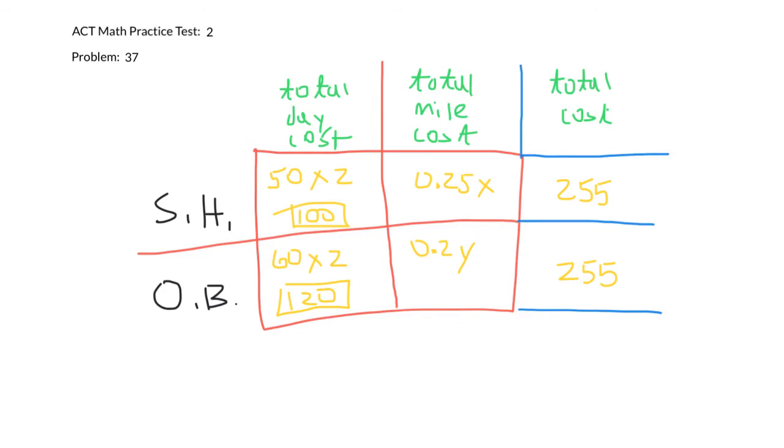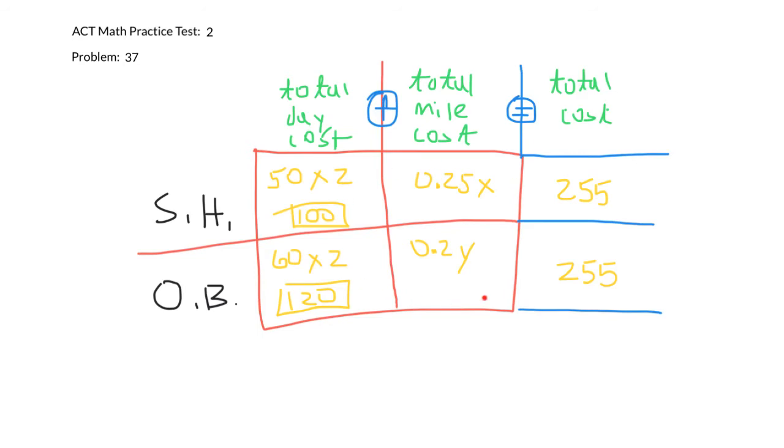So in fact, I'm going to get a little crazy and write a plus symbol, because the total day cost plus the total mile cost should equal the total cost in general. So I'm going to write an equal sign right there too, okay? Now let's remember, therefore, that this cell, 100 plus 0.25x, equals 255. And we should also remember that 120 plus 0.2y should equal 255.